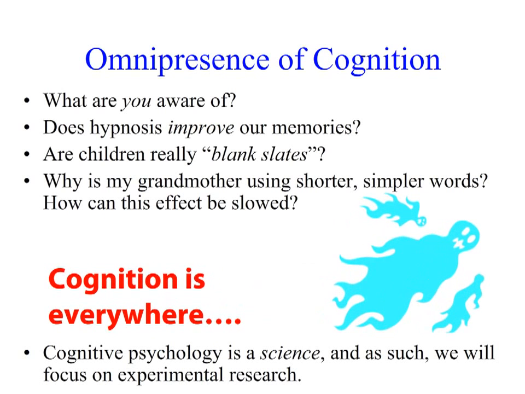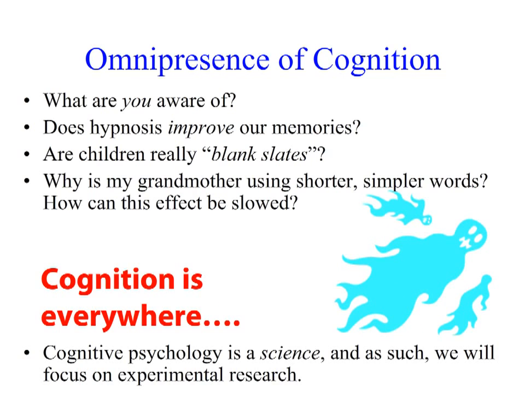Another way of looking at the omnipresence of cognition is the type of questions that we can ask. We can ask a broad range of questions, some developmental, some regarding memory, some regarding how we set up the dials and bells and whistles in our vehicles. So for example, we can ask the question, what are you aware of? And we can ask it from many different perspectives.